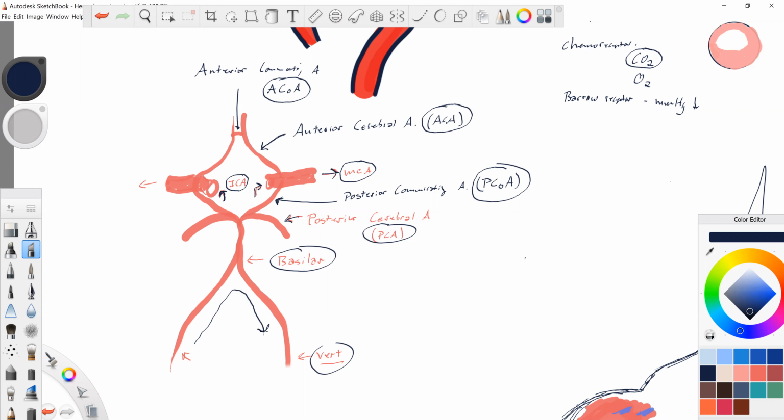A complete steal, it just does that constantly, or throughout the cycle, I should say. And a partial steal, it does that only during peak systole. And then the rest of the cycle, the blood travels somewhat normally.